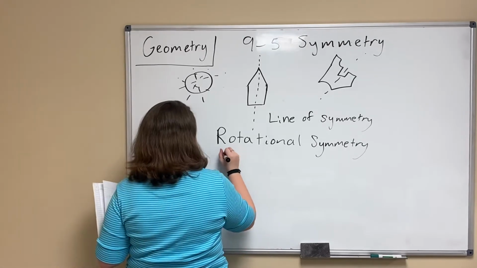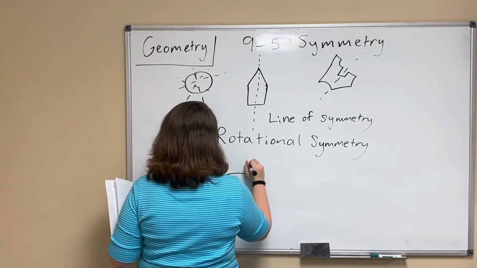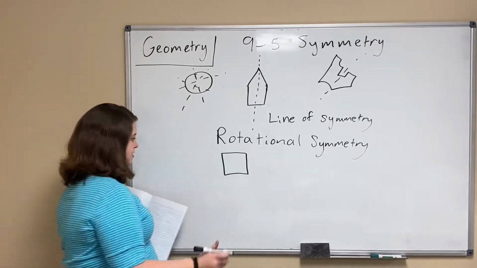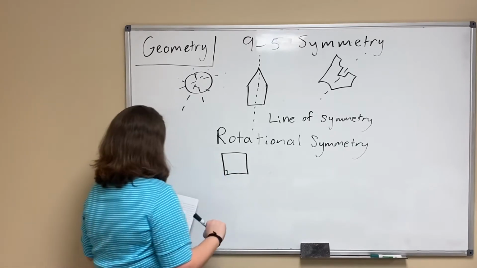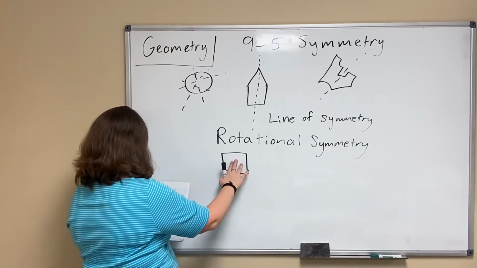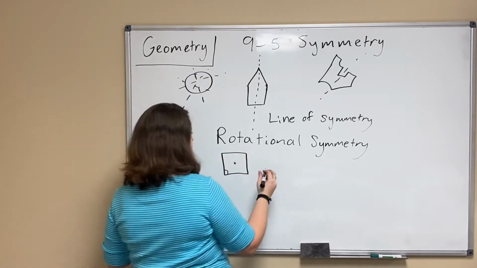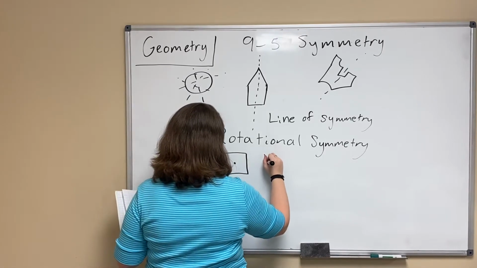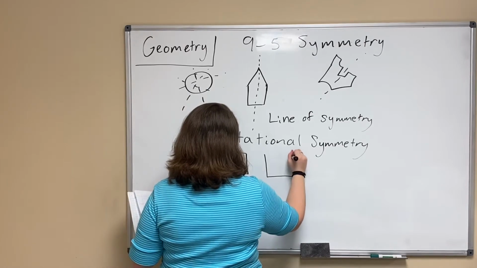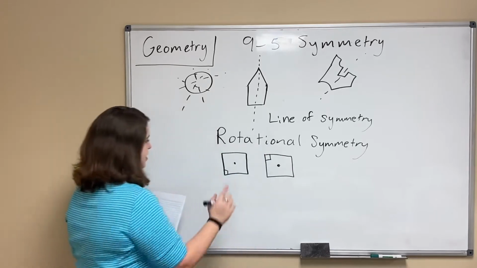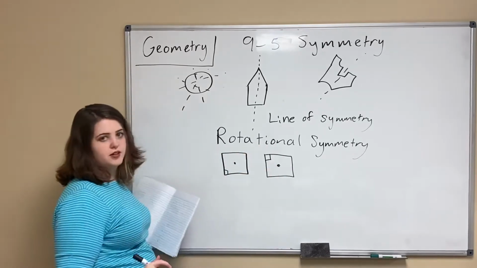So for example, if I had a square, imagine this is a perfect square, and I took this shape and rotated it around 90 degrees. It's going to still be the same shape, just tilted 90 degrees.